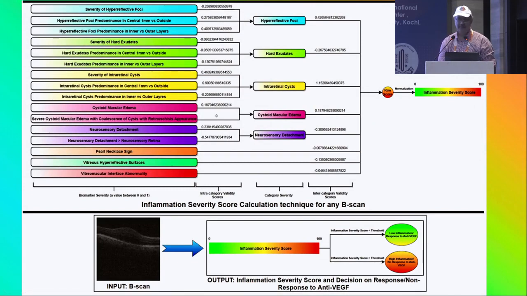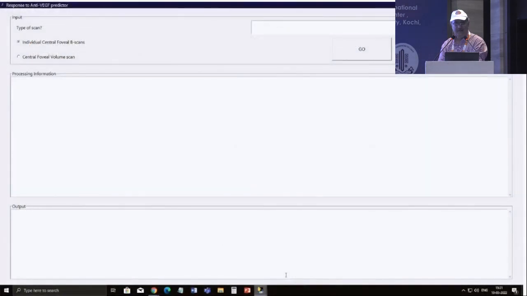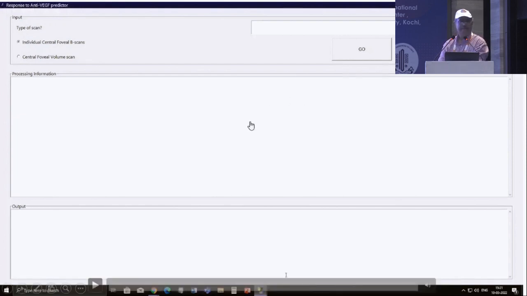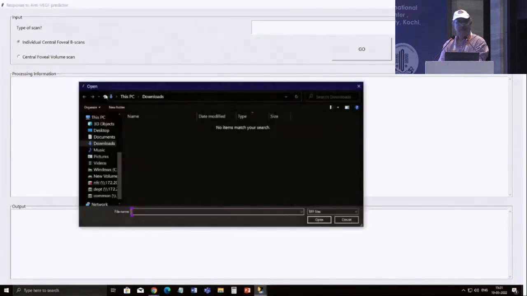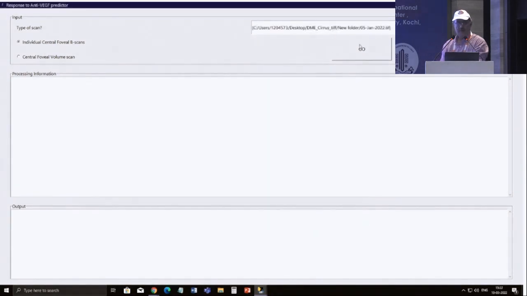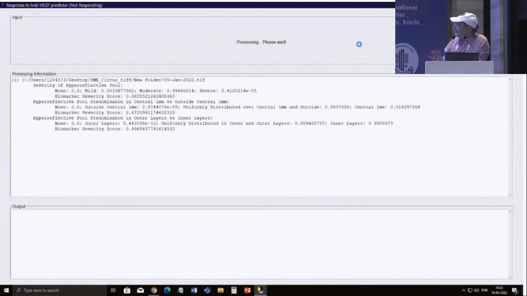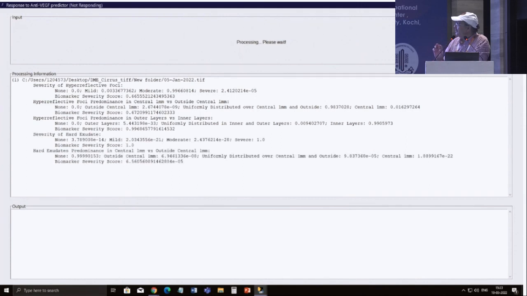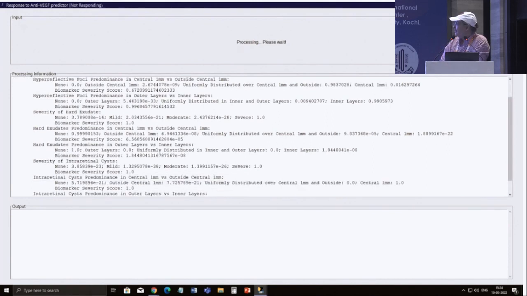This sounds pretty good, and I think a lot of energy must have gone into it, and what I interpreted out of this slide is that it gives pretty good accuracy and precision. And this is a small video where he is trying to show how, and this is actually self-explanatory: AI is identifying that these are the features, and then ultimately a score is generated.